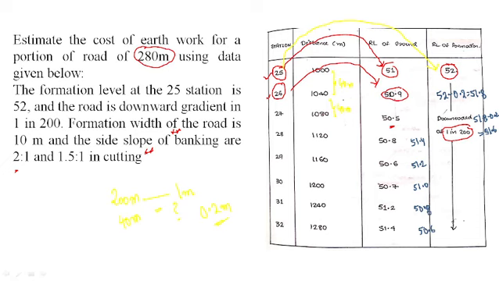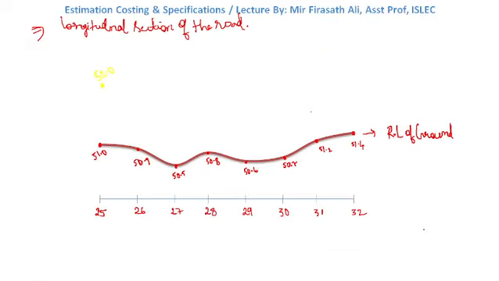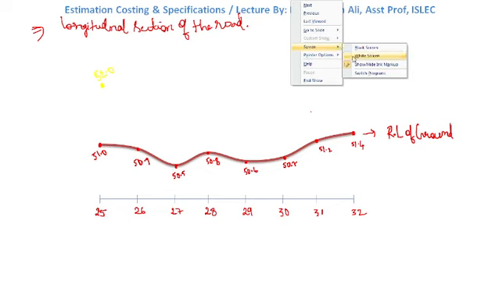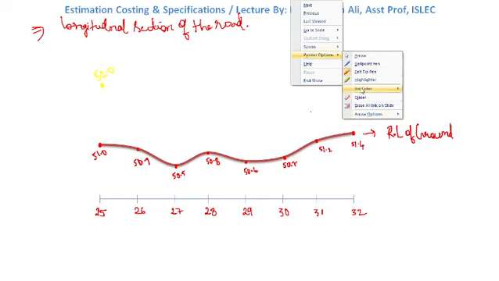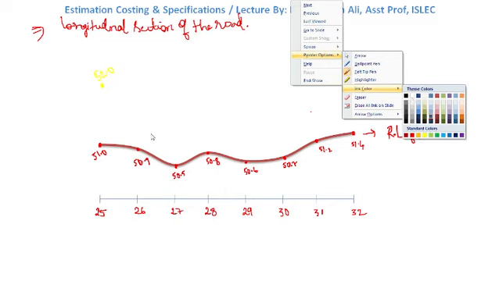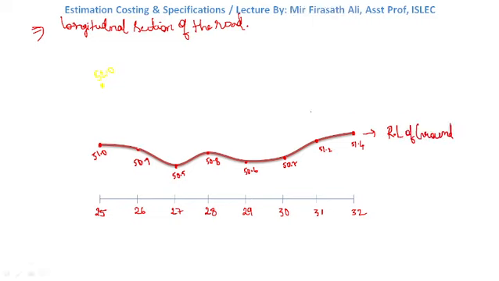So by the above formula, these points, we need to mark them over here. It is at constant gradient. So here we need to mark 51.8.